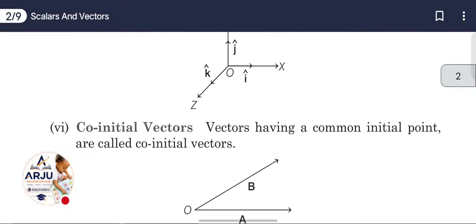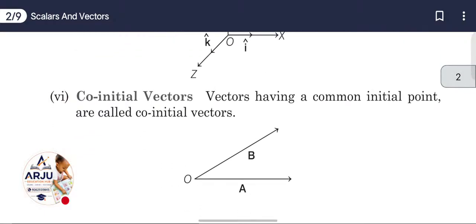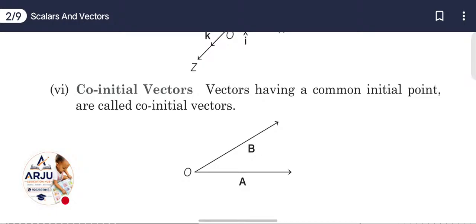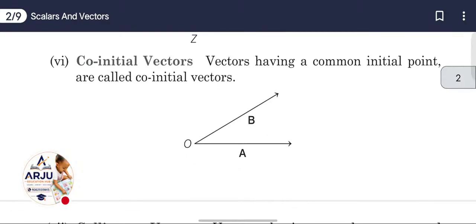Now next, co-initial vector. In the co-initial vector, vectors having a common initial point or a starting point are known as co-initial vectors. Suppose we have a 3 vector, 4 vector, 2 vector, and each and every vector has a similar starting point. So that is known as a co-initial vector.